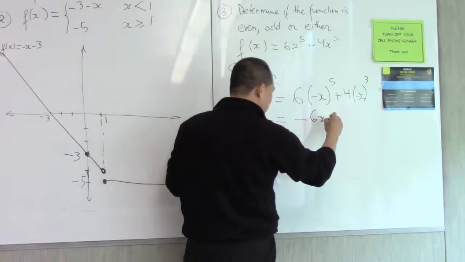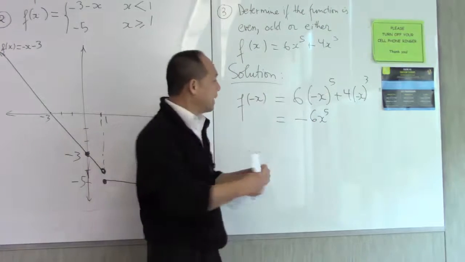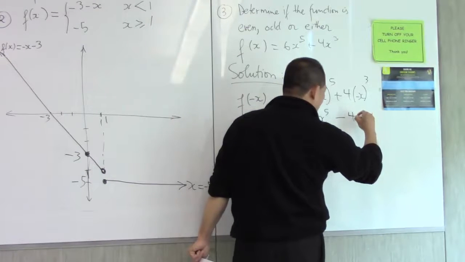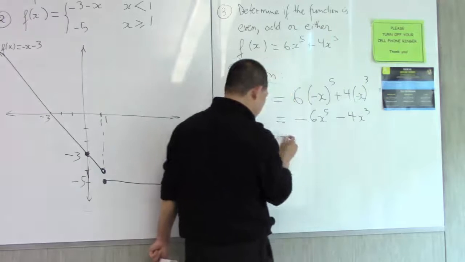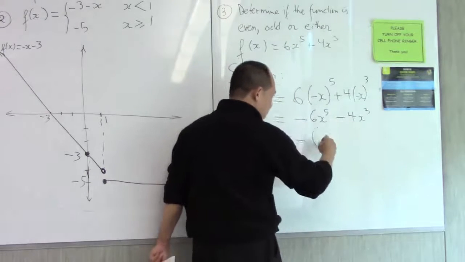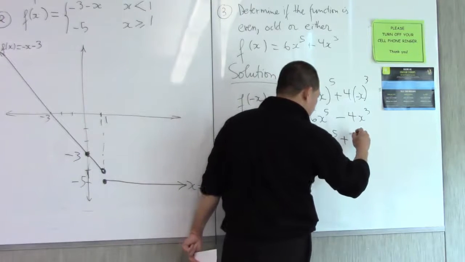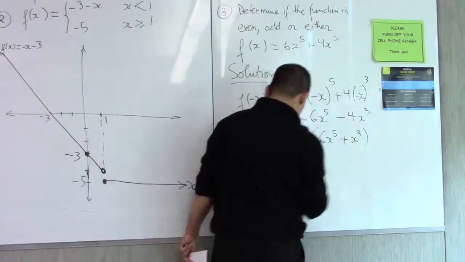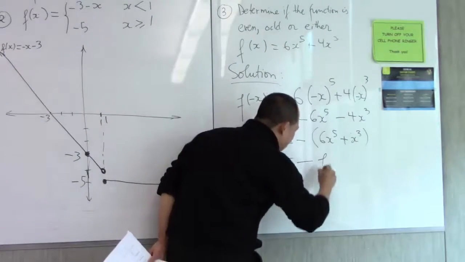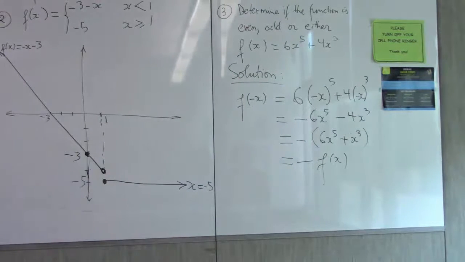We have negative 6x to the 5th, because 5 is odd, and here negative 4 times x cubed. Interesting, here you can put the negative out: negative of 6x to the 5th plus 4x cubed. What is this? This is f of x. You see that?